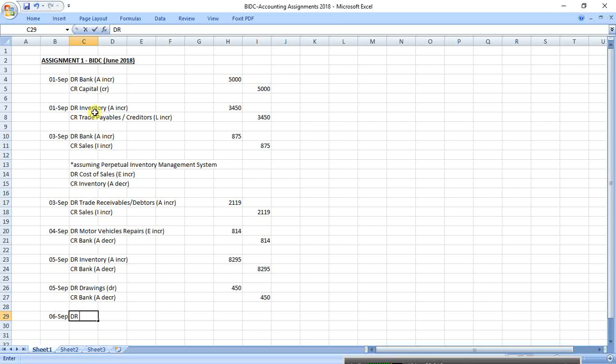So say vehicles, motor van, and then in brackets asset increase, just A increase or A arrow up, so you know the working.